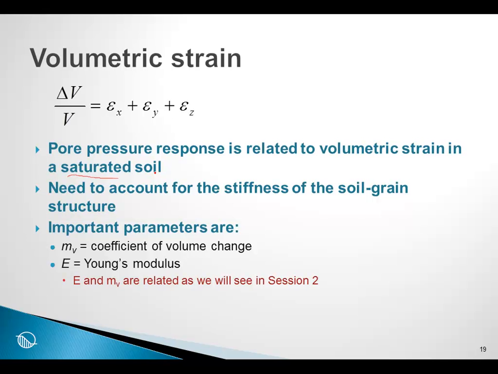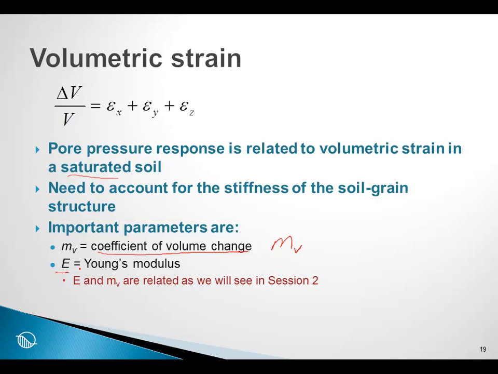Now, the volumetric strain is obviously related to the stiffness of the soil grain structure, and in GeoStudio and in SIGMA/W we use primarily two parameters to describe the stiffness of the soil grain structure. The two parameters are the coefficient of volume change, m sub v, and Young's modulus.